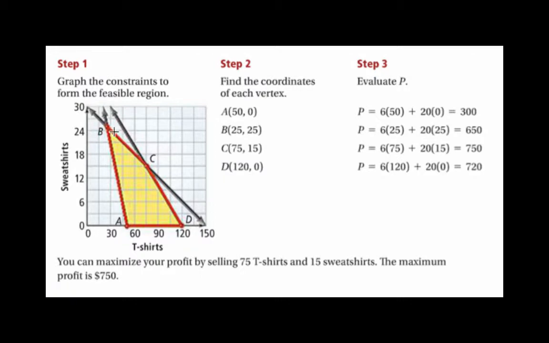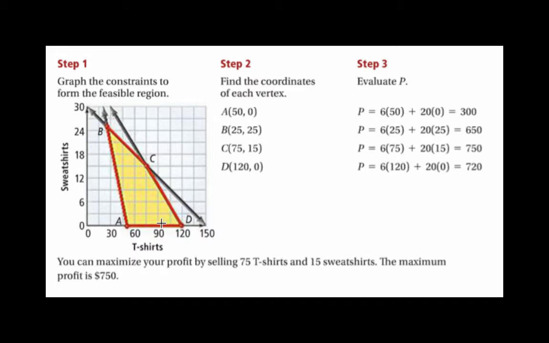So, for instance, this line coming down here, and then this line coming through here, we have to use our techniques of solving systems of equations to find this intersection point. We can do it algebraically, or we can do it graphically if we have some technology. Same thing here, this vertex point up here, we're going to need to use either algebraic techniques or technological techniques to find these intersections.